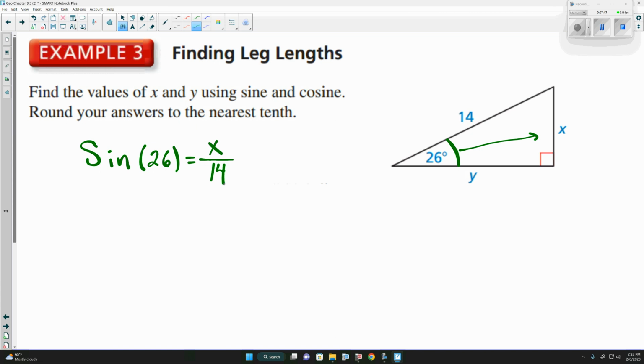Well, we could solve this here, because sine of 26 degrees, as we just saw a minute ago, actually does have a value. It has a number value. So if we wanted to solve this, the first thing we can do is multiply both sides by 14. These would cancel, telling us x is equal to 14 sine of 26.